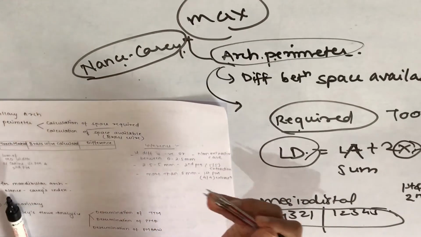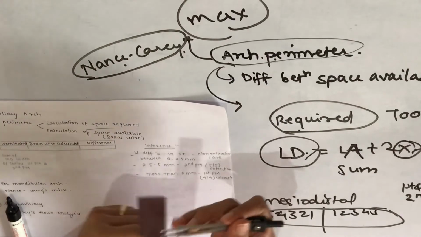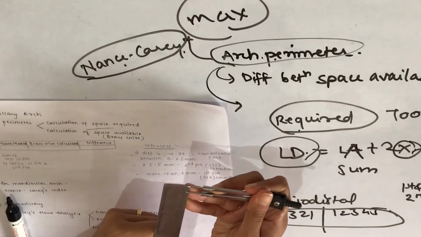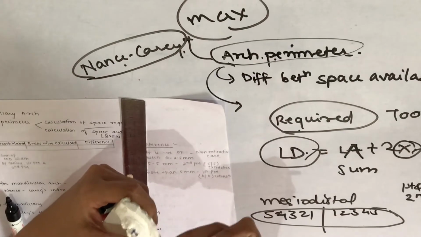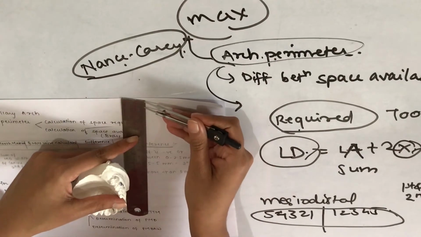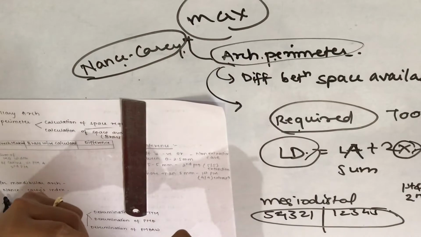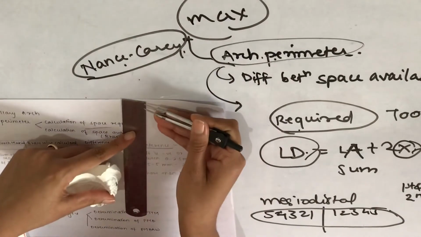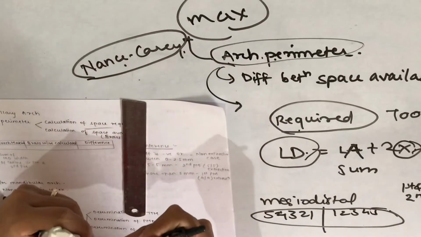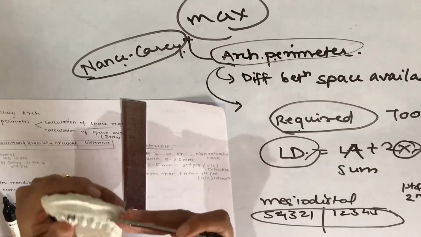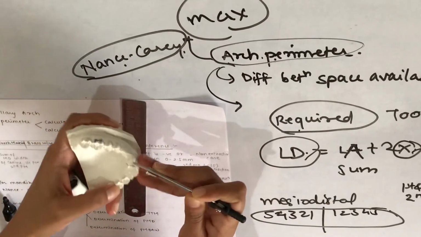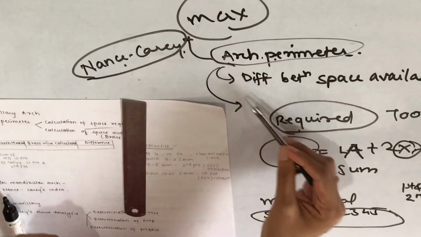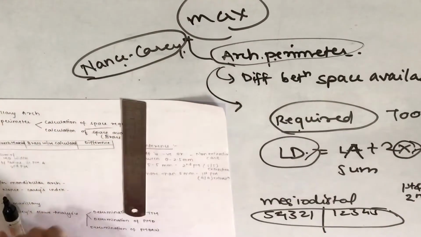You have to keep it on the scale and calculate it properly. Then this can be 9 mm, then 6 mm. Like this you calculate from the premolar of one side to the premolar of the other side. These are the 10 teeth that you're measuring, and this is the space which is required.